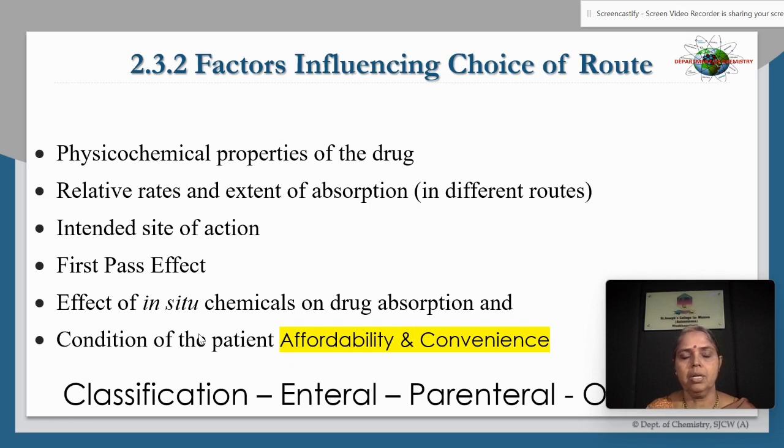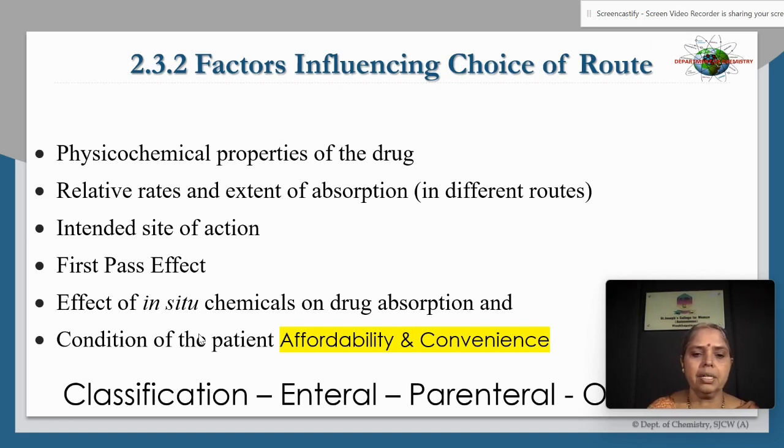Now let us see what all factors need to be taken into consideration before narrowing upon a particular choice of route. First factor is physicochemical properties of the drug.